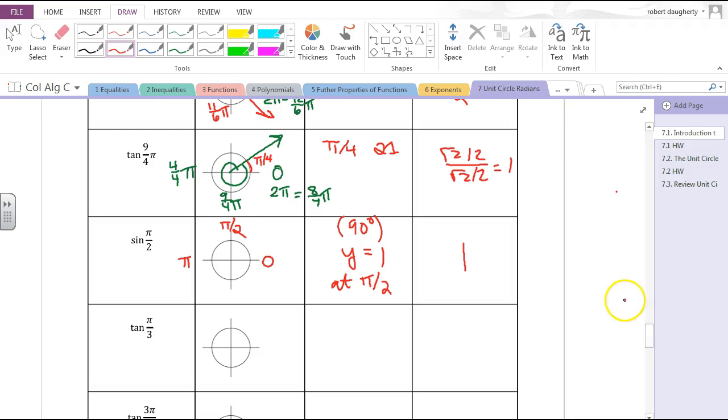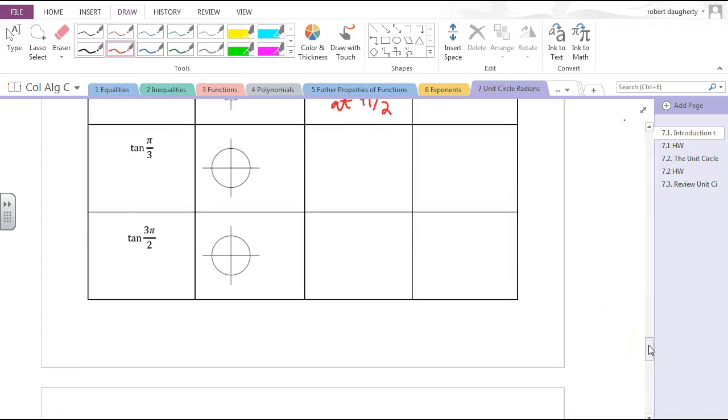Tangent. Tangent of pi over 3. So first thing I need to draw the angle. I always write a 0 here. What do I write over here? Yeah, pi, but then I'm going to write 3 over 3 pi. Okay. So where is pi over 3? That's 1/3 pi. Yeah, it's closer to 0. So this is 0, 0 over 3. So pi over 3 would be over here. So this is just the angle pi over 3 in quadrant 1.